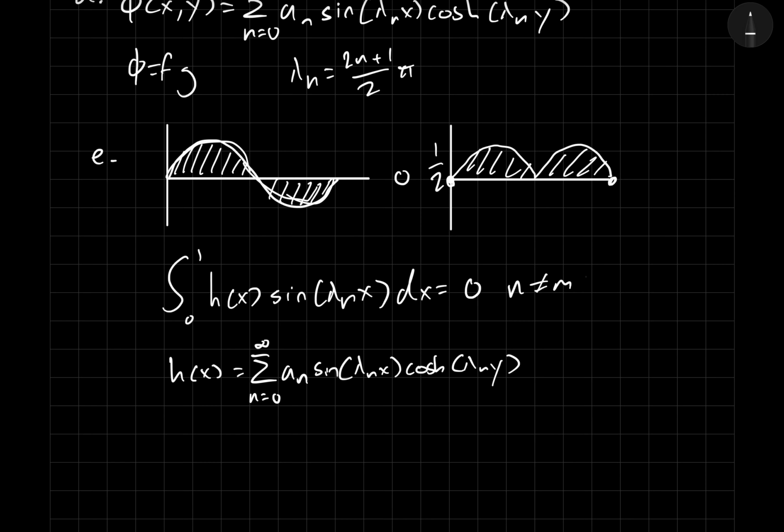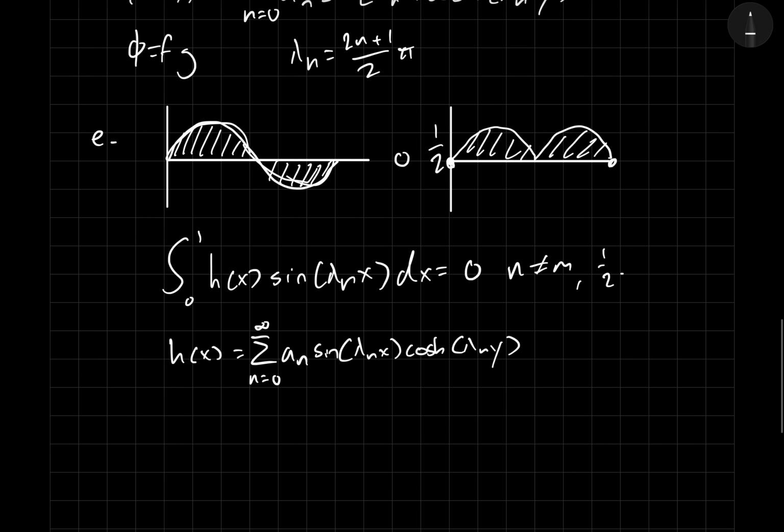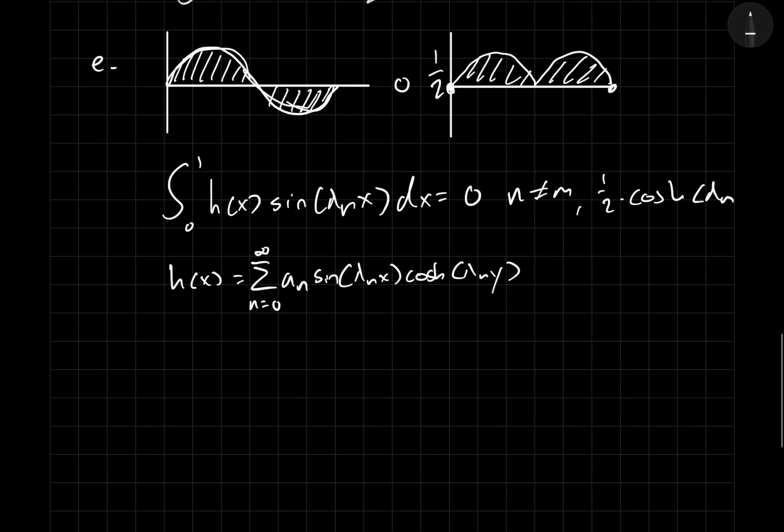That something else is going to be 1/2 times the value that isn't being multiplied by. So I think it's going to be 1/2 times cos times cosh. So let's write this down to see what this means.